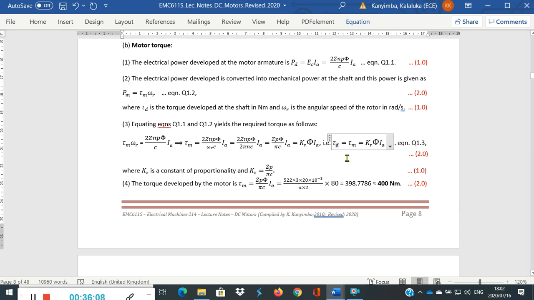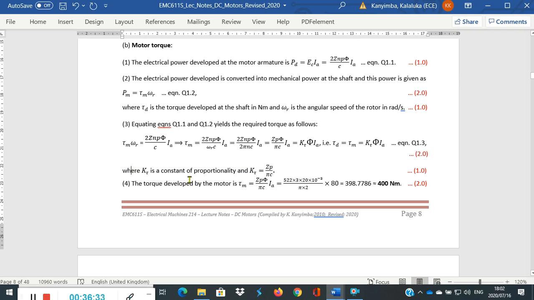So from this equation, we see that the torque developed is directly proportional to the flux, and also directly proportional to the armature current. So in a DC motor, when you increase the flux, you also increase the torque. When you increase the armature current, you also increase the torque, which makes sense because you are increasing the power.